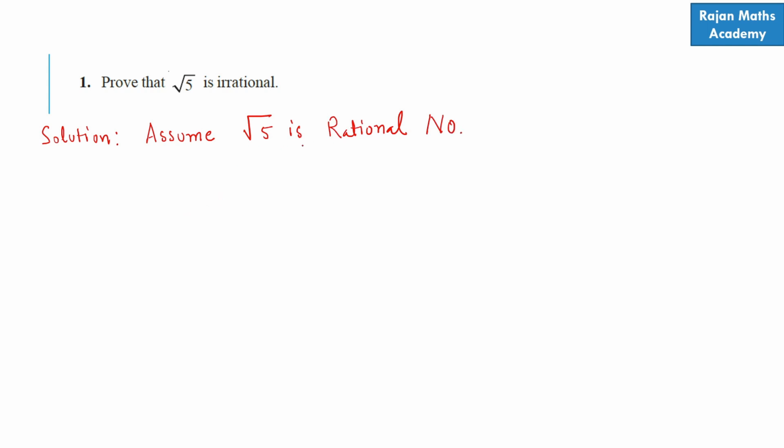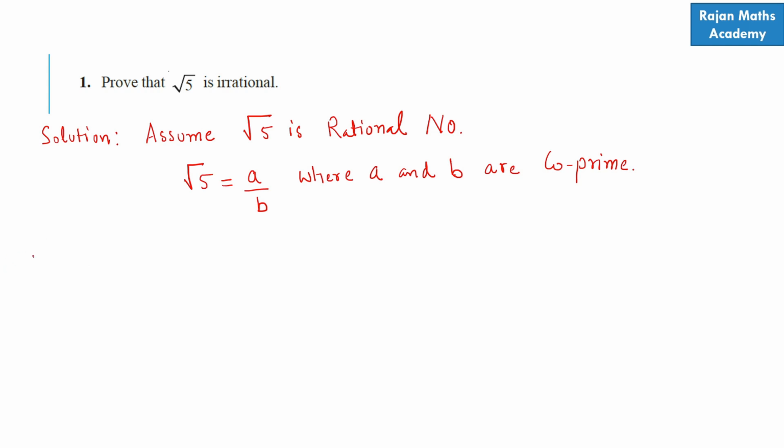So we have assumed root 5 as a rational number, so we can express root 5 as the ratio of a by b, where a and b are co-prime. Co-prime means they have a common factor 1 after dividing from the common factor.